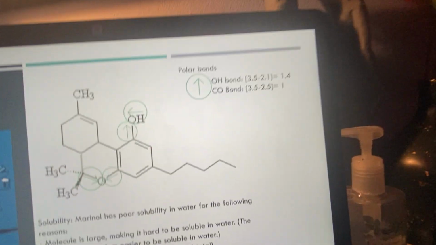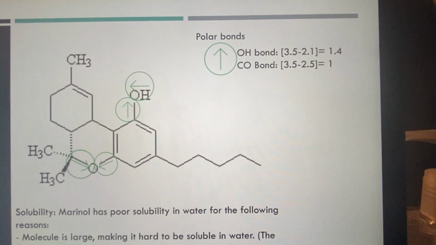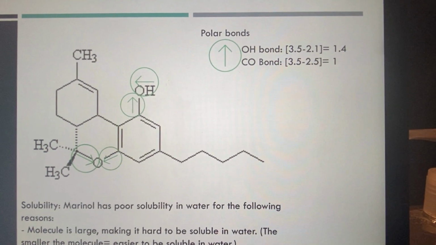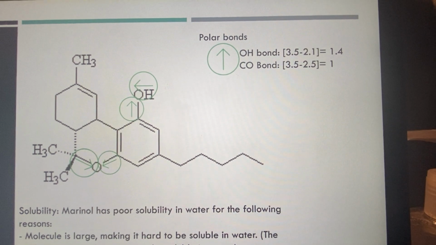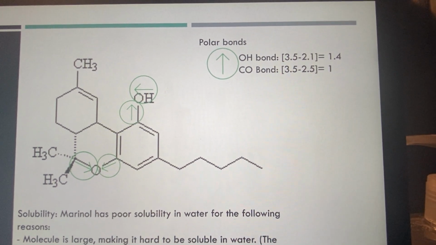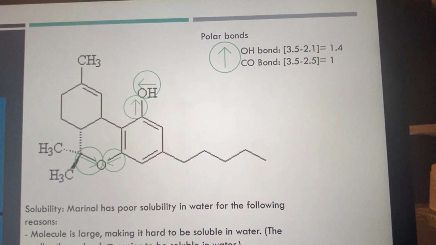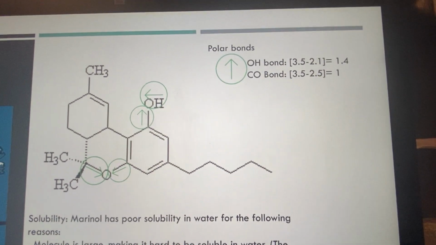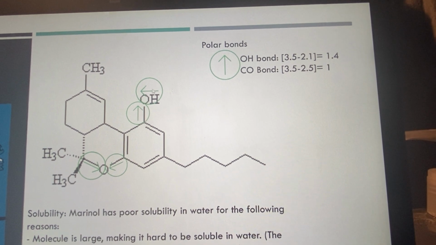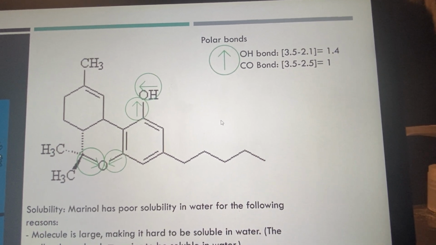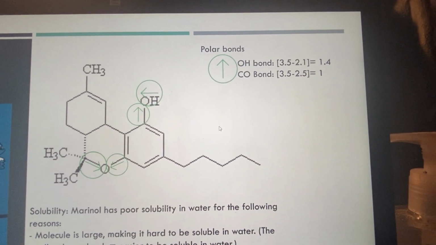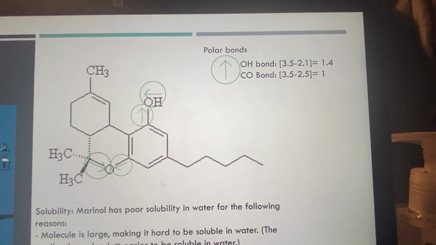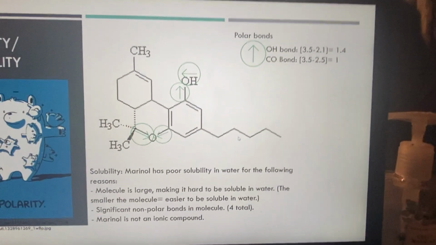These green arrows indicate all the polar bonds, which is with the OH and the CO bonds, since they're under 1.6 in electronegativity. The arrows also indicate where that polarity is facing. So that means the rest of this molecule is nonpolar.